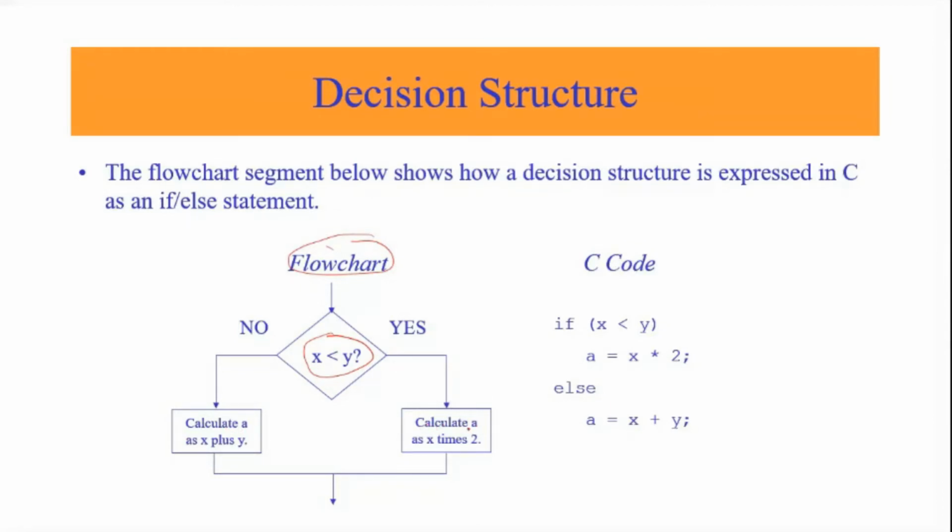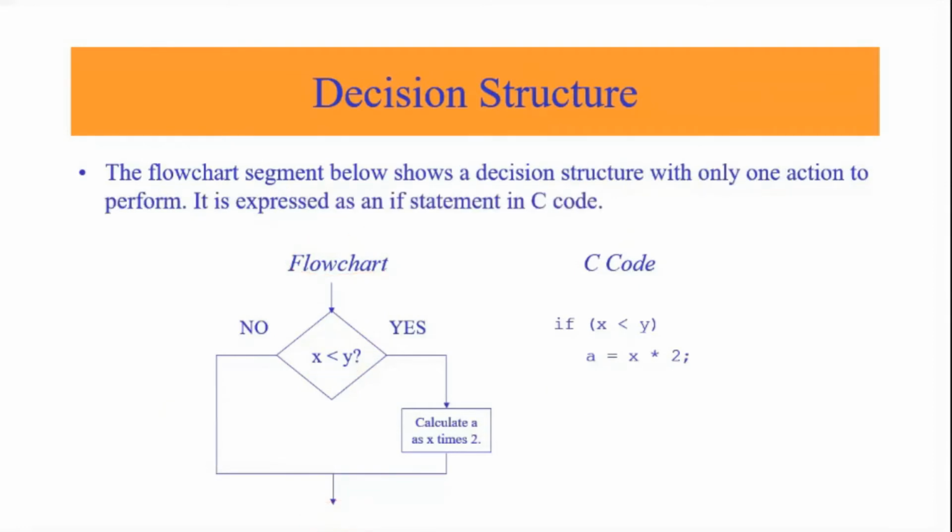Here it is calculate a as x times 2, and on the left side it is calculate a as x plus y. After these 2 processes, only one will be happening. They are joined together. That is, the flow will be running to some other process, or some terminal, or some parallelogram structure, or whatever it is. So that goes on.